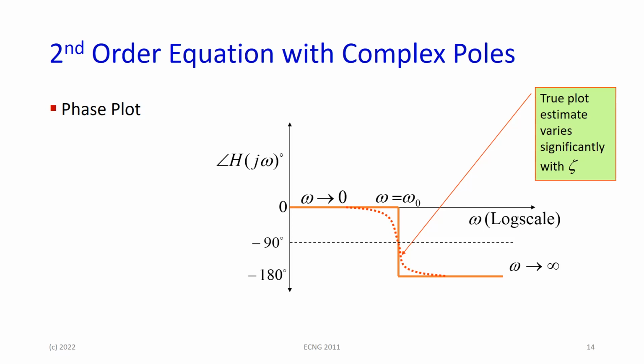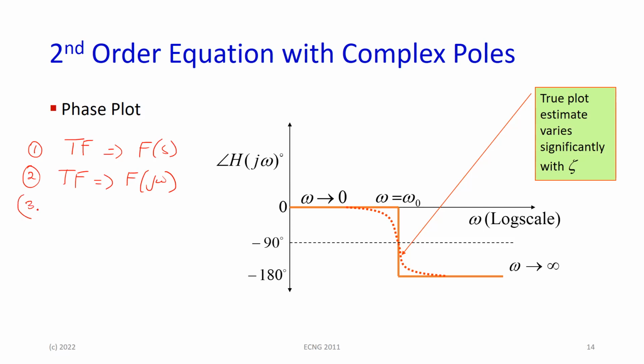Remember what we are doing again. For anything, you are given the transfer function, which is some function of s. Two, you take the transfer function and make it a function of j omega.